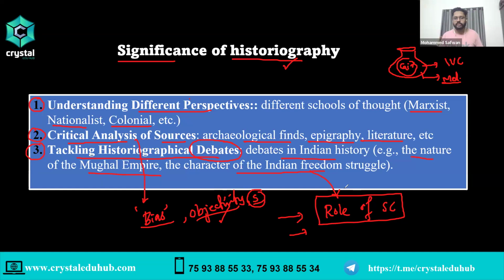Fine. So just try to understand, these are some of the very important significances. Is that clear, guys? Just tell me whether it is clear or not.